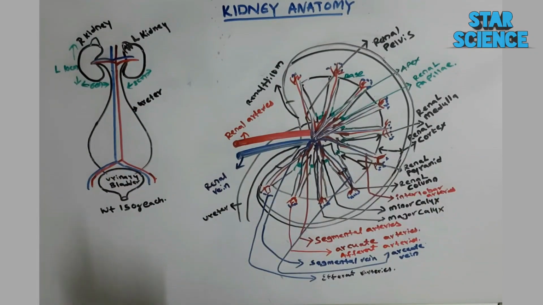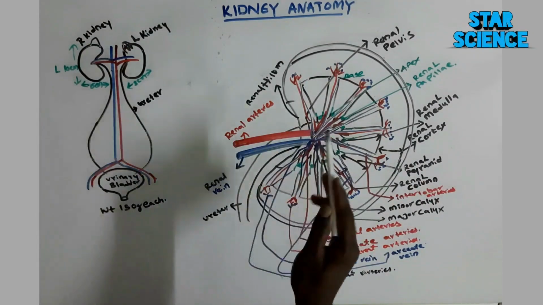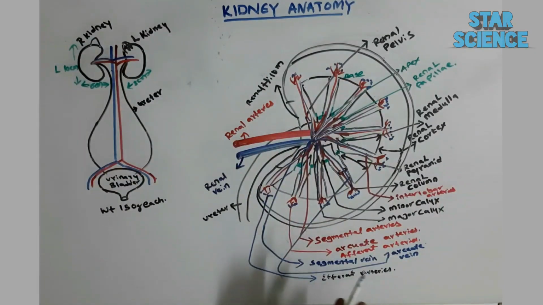After that it goes and joins the veins, and from the veins it reaches the inferior vena cava. So I hope you are able to grab certain knowledge from this video.